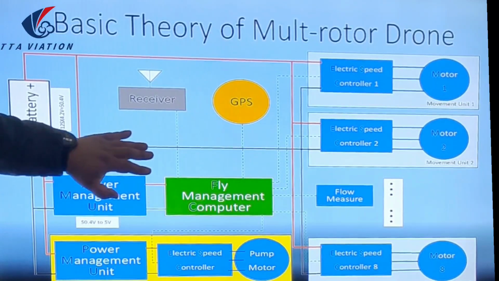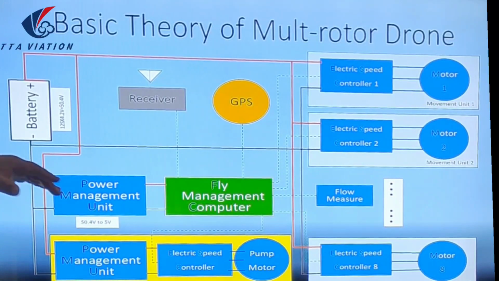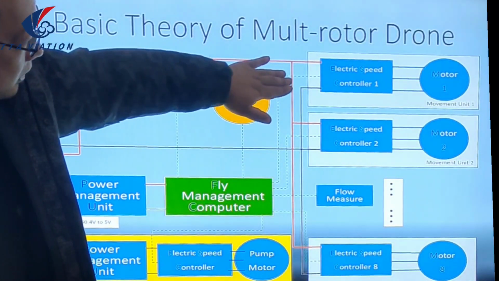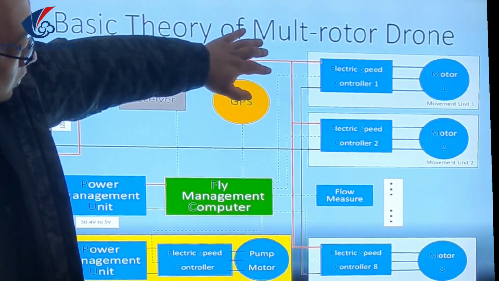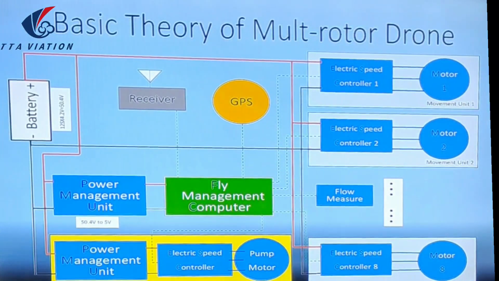It gathers the drone's location and gesture information, and sends out different control signals to each movement unit to control every propeller's spin speed. Different spin speeds generate different lift from the propellers. Then the different lift can keep the drone's balance.